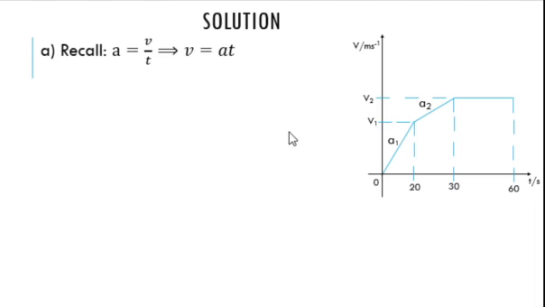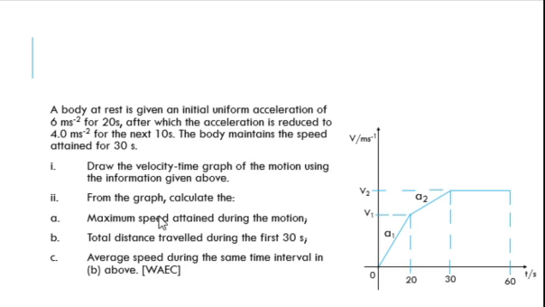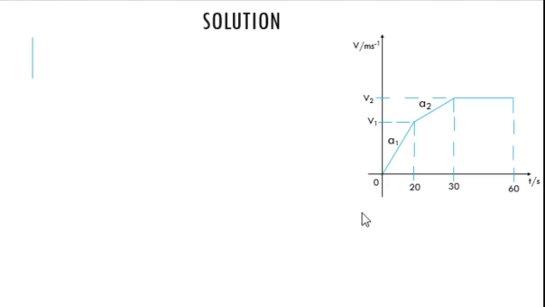We have to calculate the maximum speed attained. So we are looking for V2. But to get V2, acceleration is change in velocity over change in time. If I cross multiply here, I will have velocity equals AT, acceleration times time.